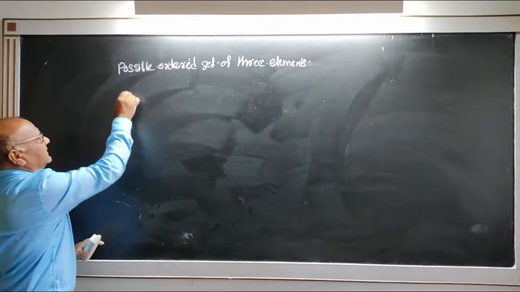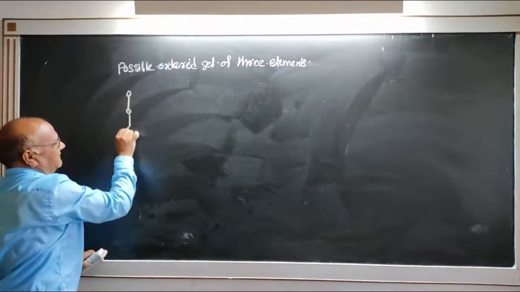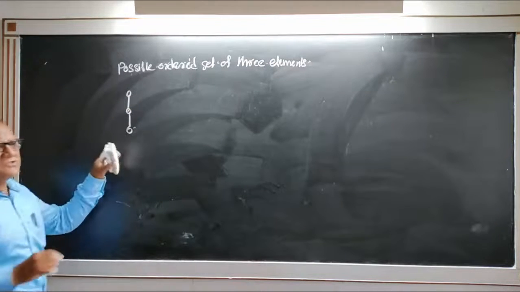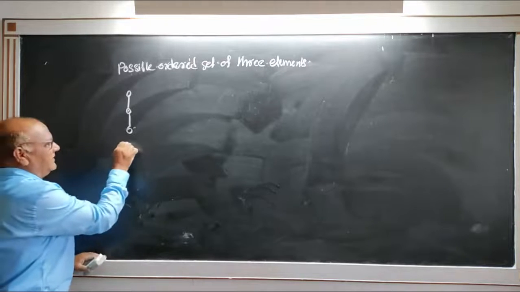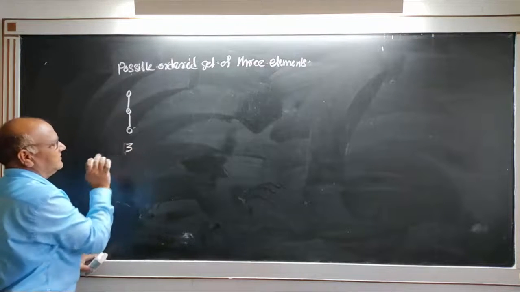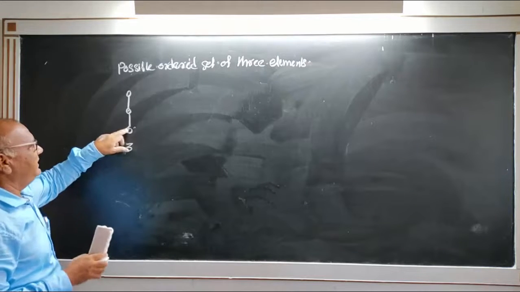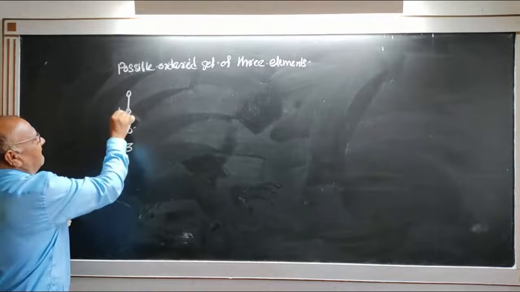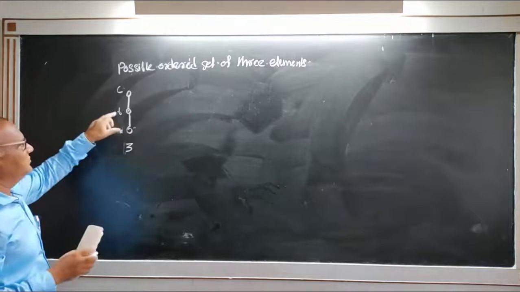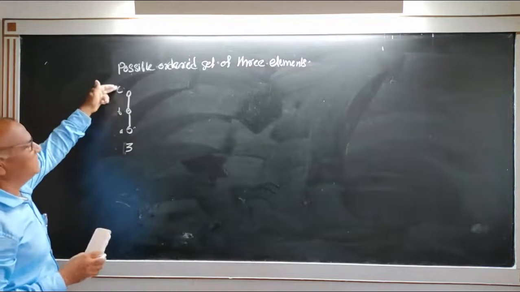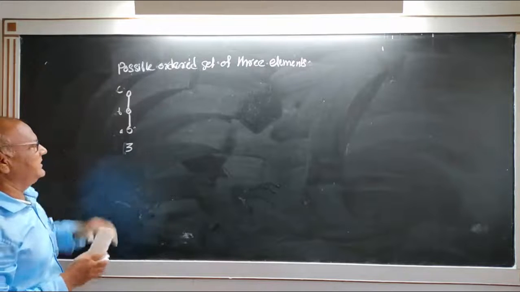First, here, a three-element chain. It is a chain and it is denoted by 3. A, B, C. A is related to B, B is related to C, and A is also related to C by the transitive property.